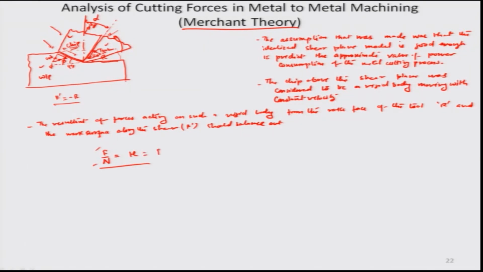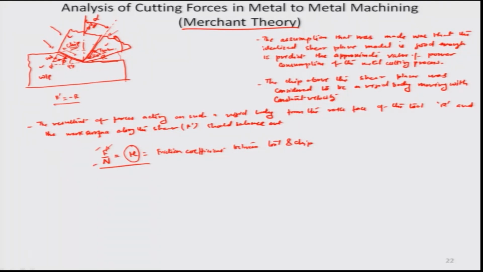Mu is the friction coefficient between tool and chip, and again we are just assuming an average friction coefficient and an average friction force.